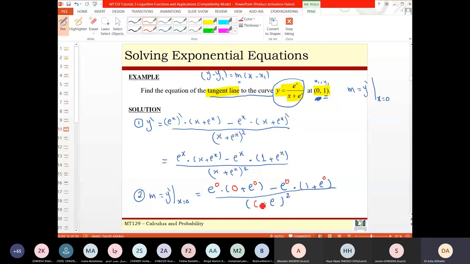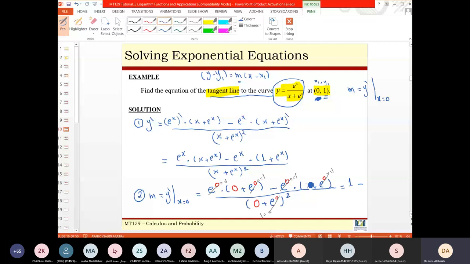zero plus e^0. Now what is e to the power 0? What's e to the power 0? 1. This is 1, this is 1, this is 1. Do the calculation. This is 1 times 1, equal to 1 minus.